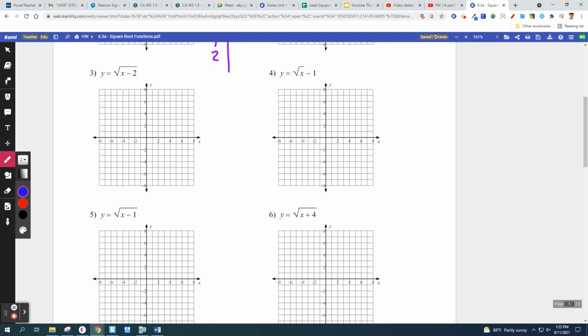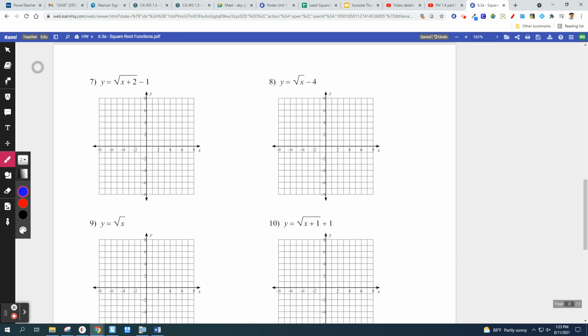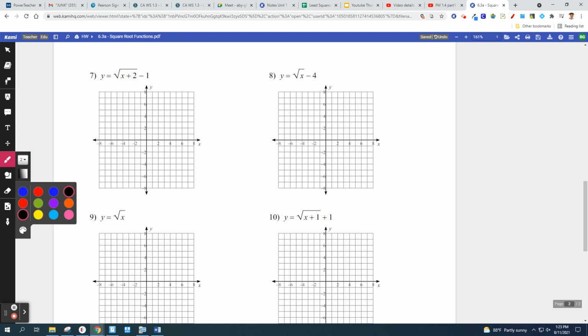Let's look at number 8. Number 8 says y equals square root of x minus 3. And so again, we're going to find the vertex. We look for what number makes this equal 0.